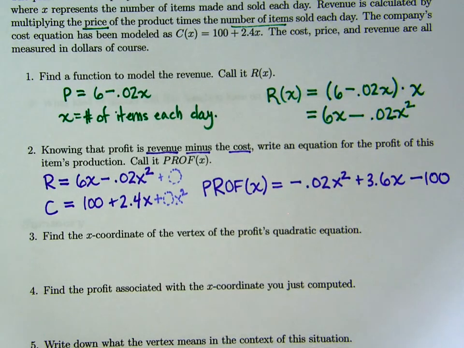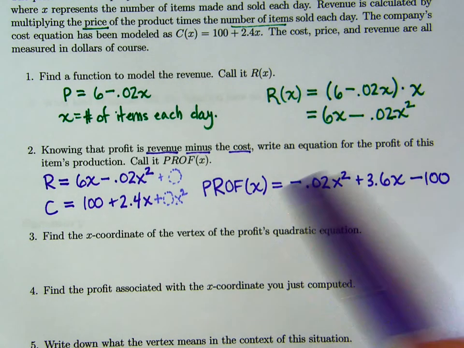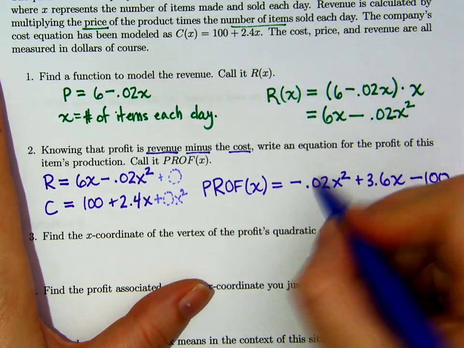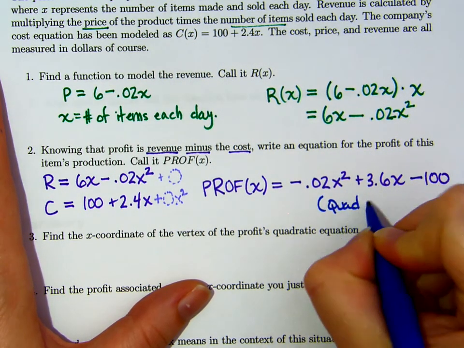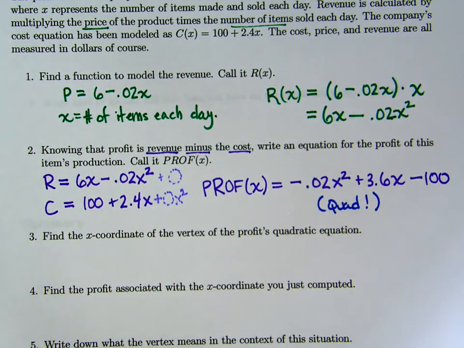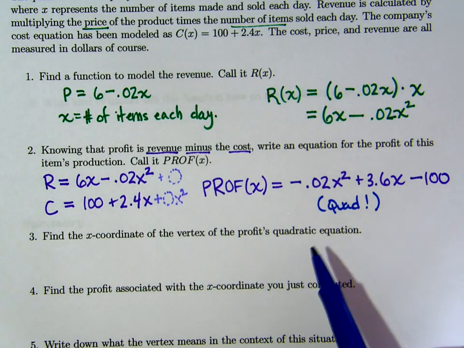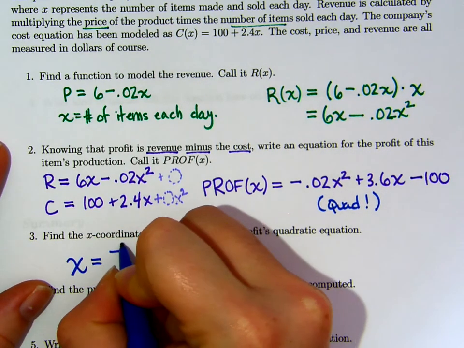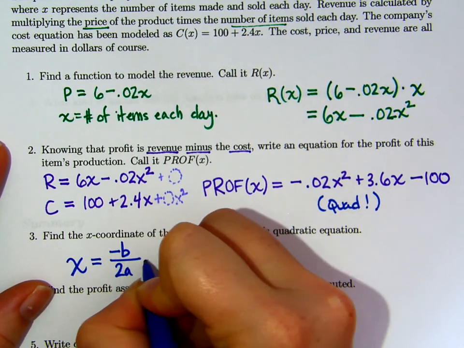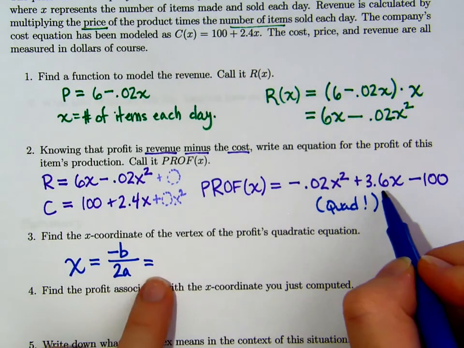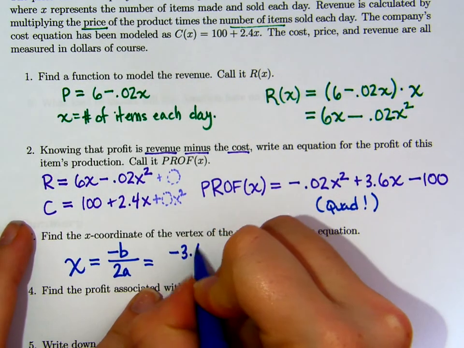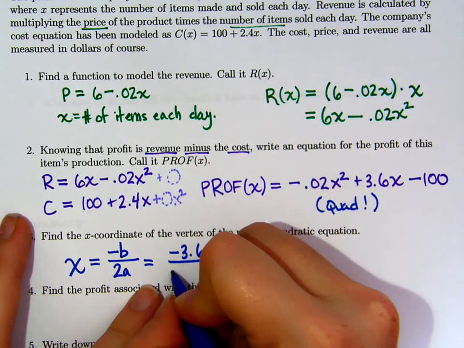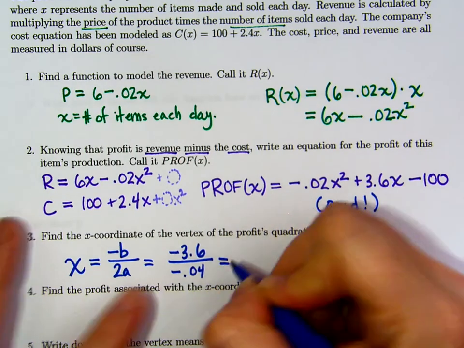Find the x-coordinate of the vertex, because notice it's a quadratic, and we just learned about those. Find the x-coordinate of the vertex of the profits. Okay, so what was that formula? Opposite of b over double the a. Opposite of b, so negative 3.6, and double this negative 0.02, negative 0.04.